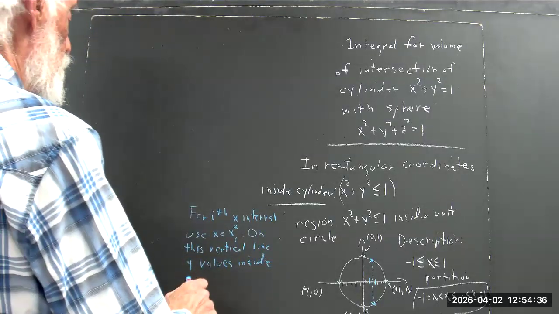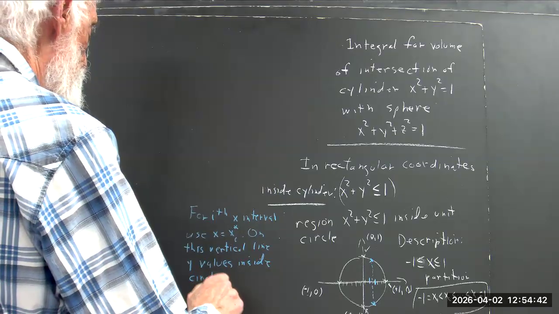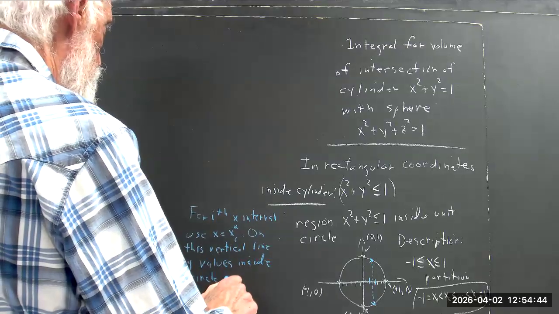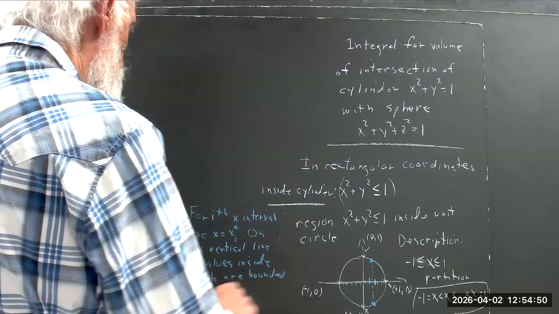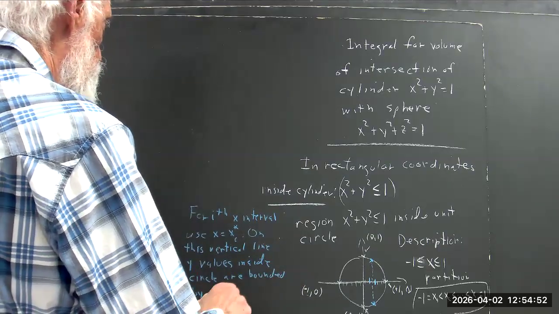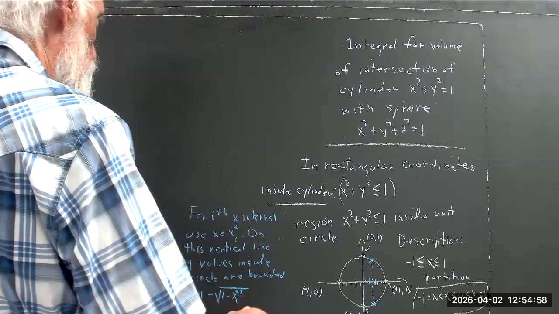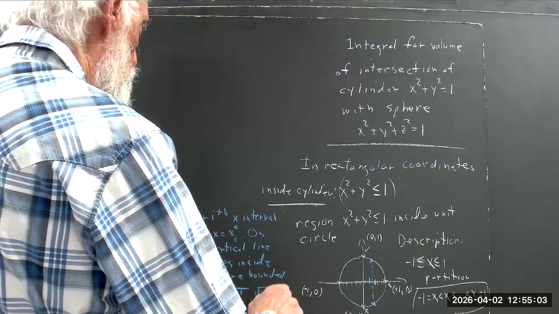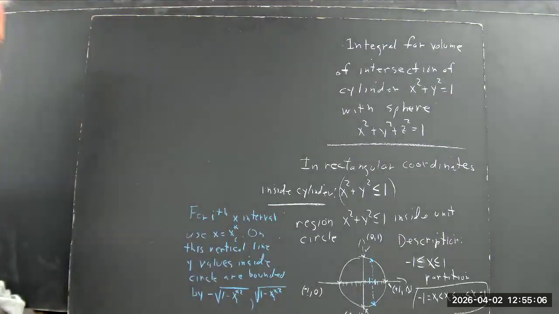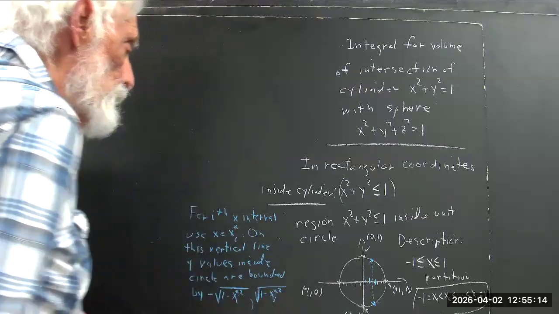On this vertical line, the y values inside the circle are bounded by negative square root of 1 minus xi star squared, and positive square root of 1 minus xi star squared.